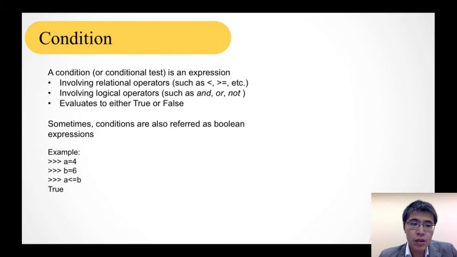You can set your condition, like say, A, whether or not A is equal to 4. If A is equal to 4, okay, this condition is true. If A is not equal to 4, then this condition is false. Similarly, you can also set a B condition.